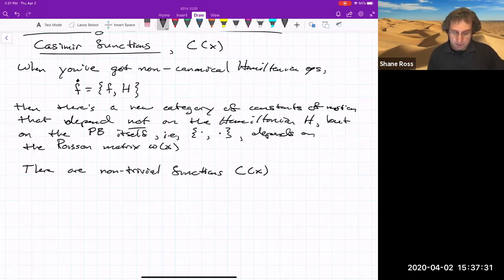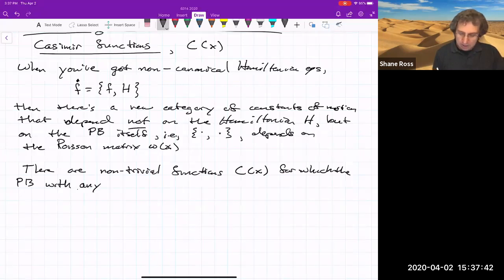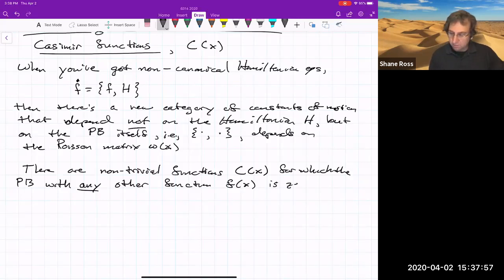We'll call those C of x, for which the Poisson bracket of that function with any other function, let's write any other function as f of x, is 0. So there are functions C that if you take their Poisson bracket with any other function on the phase space, it equals 0. So we say for all f of x.